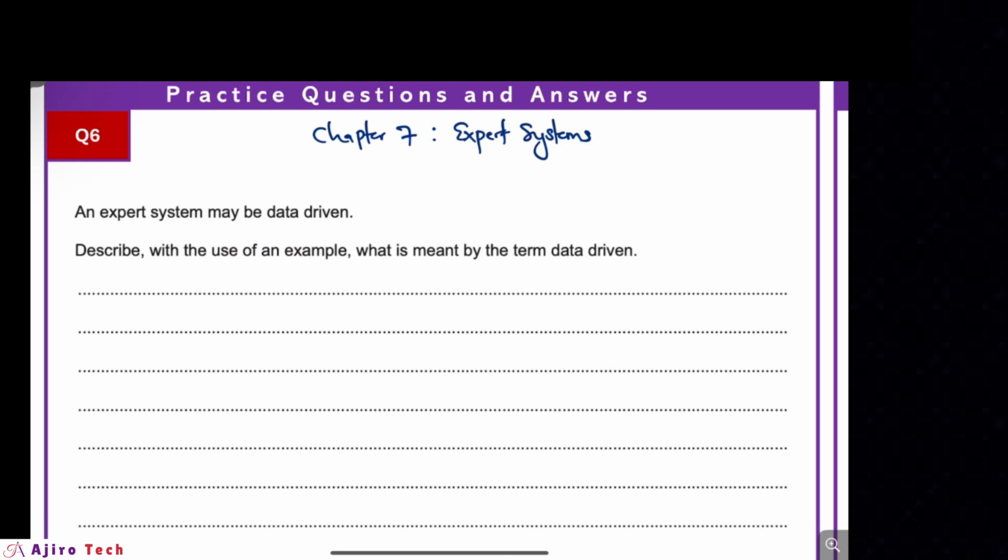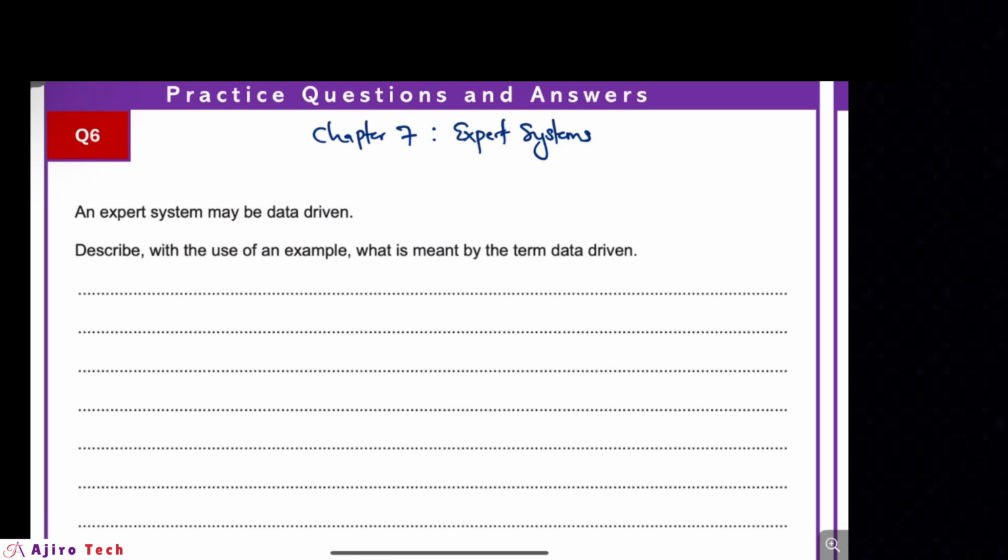That's goal driven. But data driven, you don't really know, but you gather the evidence and then get to that point. I hope that analogy makes sense. So the data entered would determine which rules are being examined.